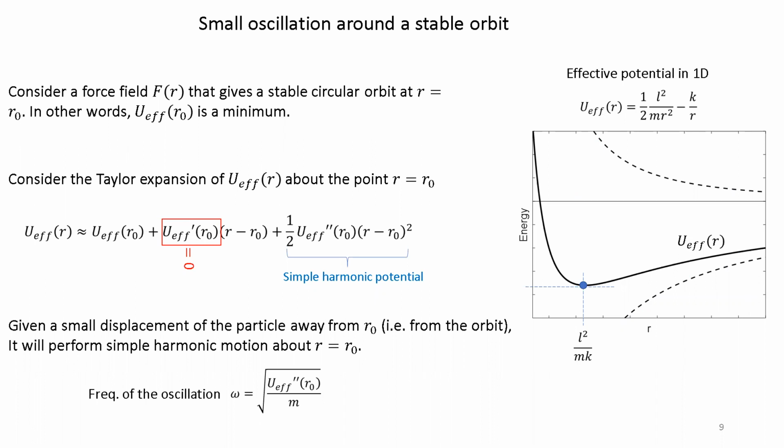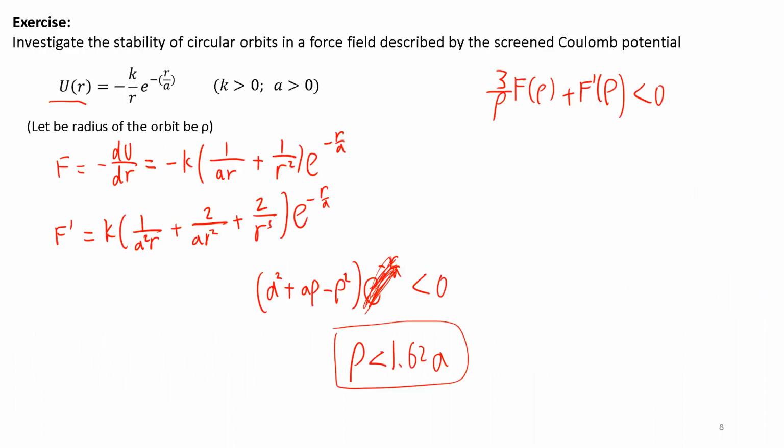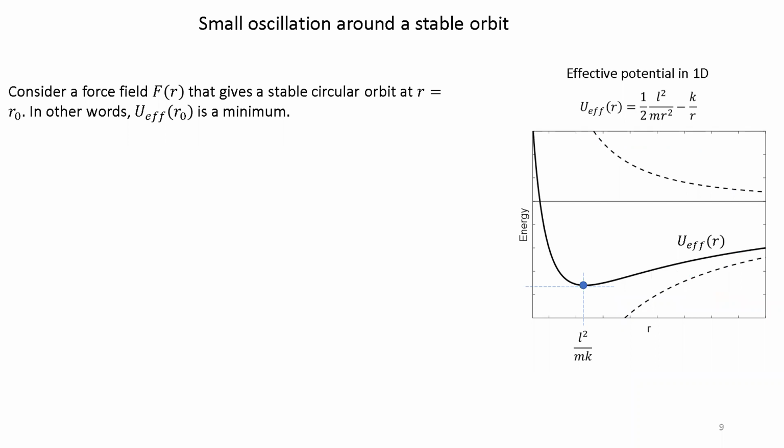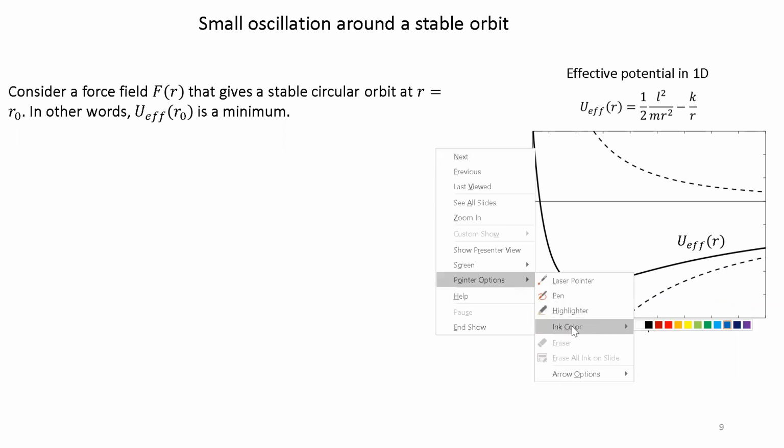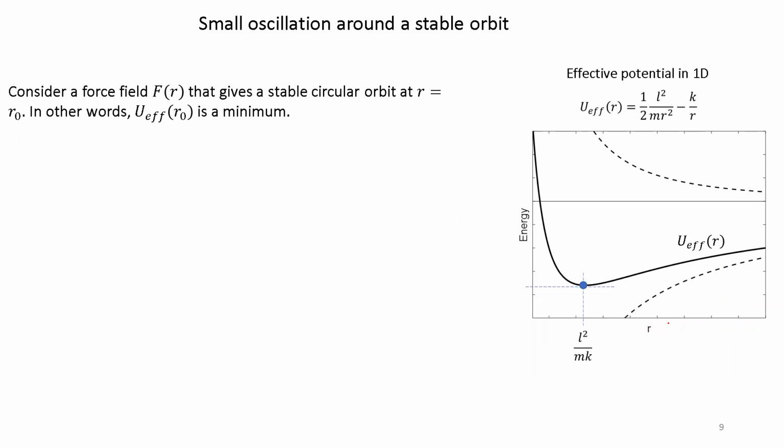Now let's talk about the oscillation. When you think about oscillation, you will think of a simple harmonic oscillator. Let me remind you how the potential looks. Let's say I have this mass-spring system, a harmonic oscillator.